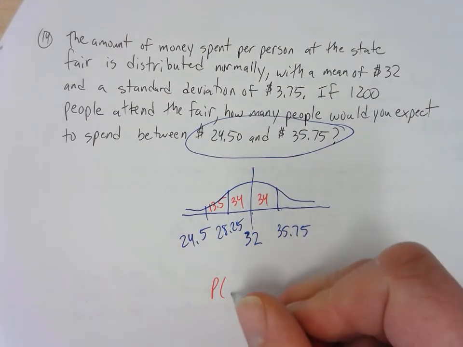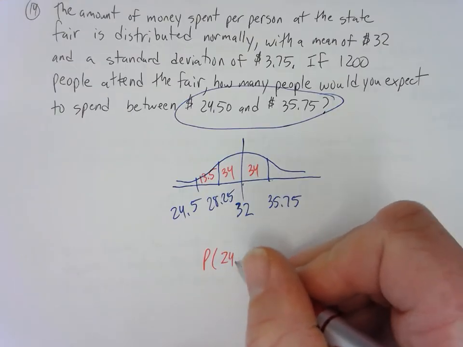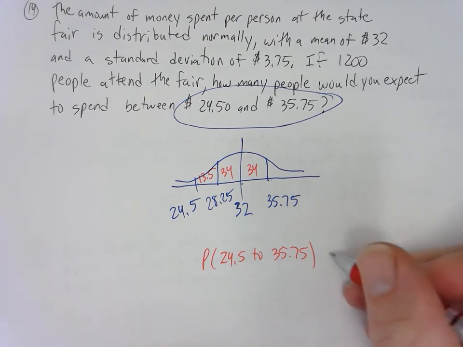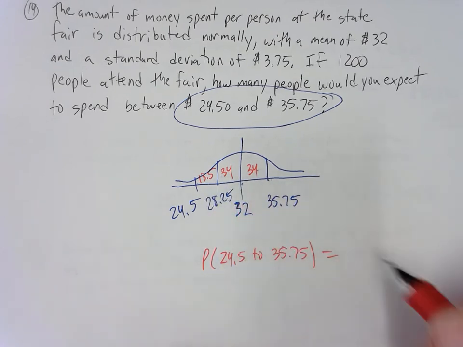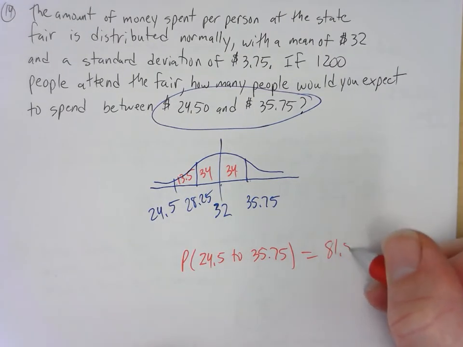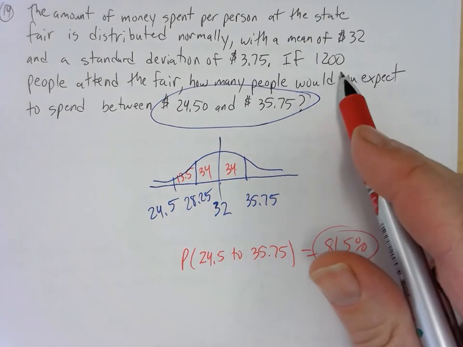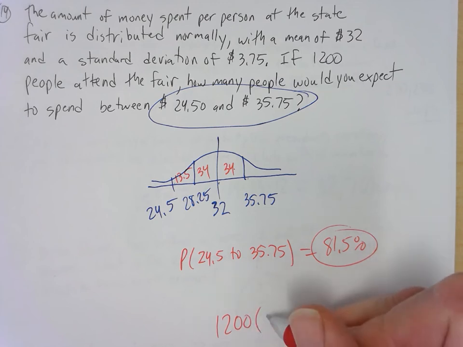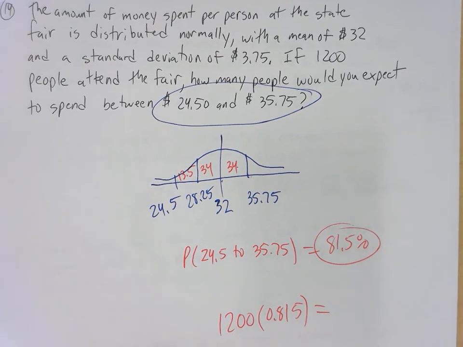The probability from 24.5 to 35.75 would be these three percentages added together, which is 81.5%. Now there's 1,200 people going to the fair, so it's 1,200 times 0.815, calculator.